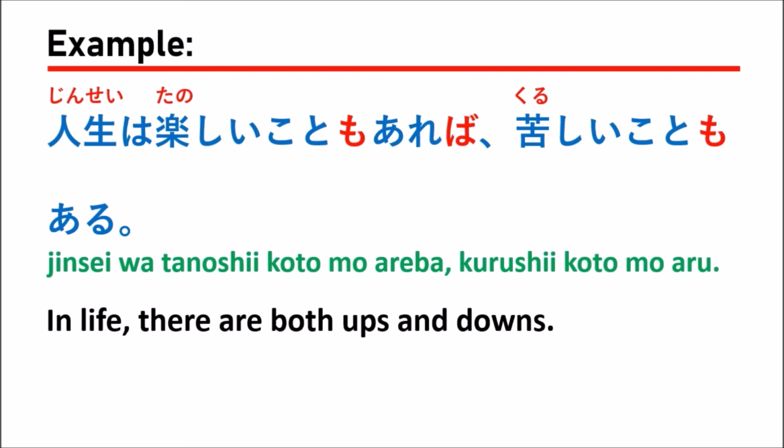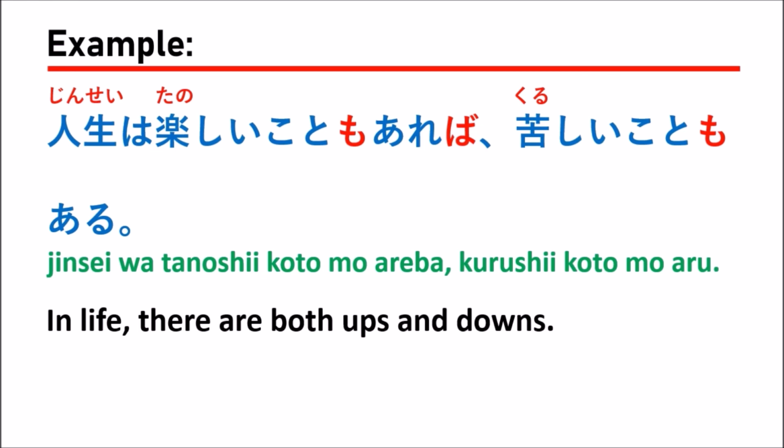And for the verb in here, they use the verb aru or arimasu, right? Aru or arimasu means have or has in English, or it means exist. So the word aru is changed to the ba form, so we get areba, right? Areba. So at the end of the sentence we can use aru or arimasu.